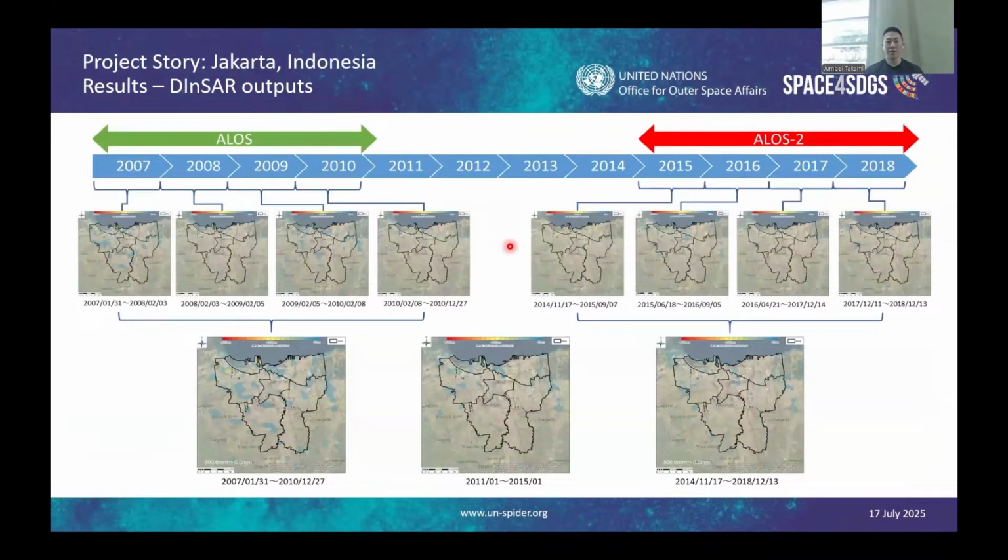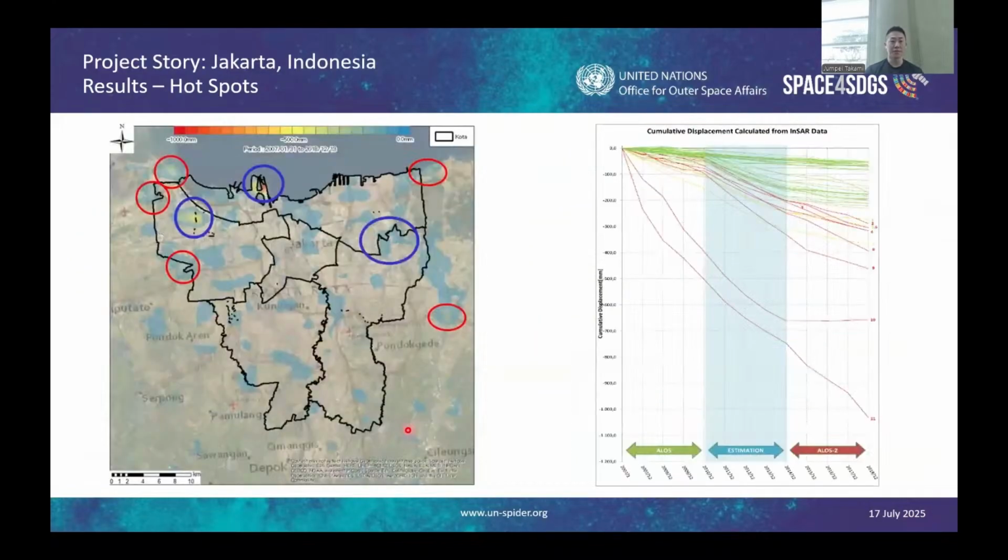Using the InSAR output for each year difference, we can finally get the cumulative displacement volume. And then we got hotspots here, and in the northern part is where the sinking mosque was, and other areas also have some displacement here.